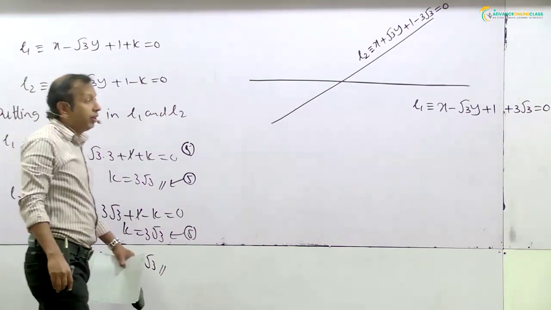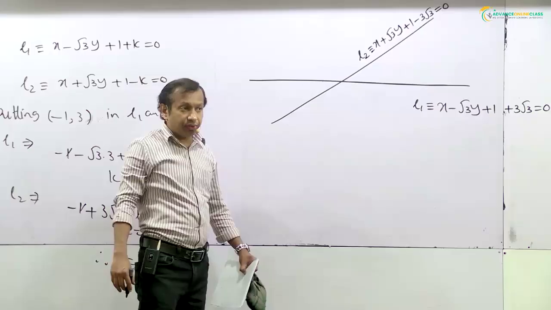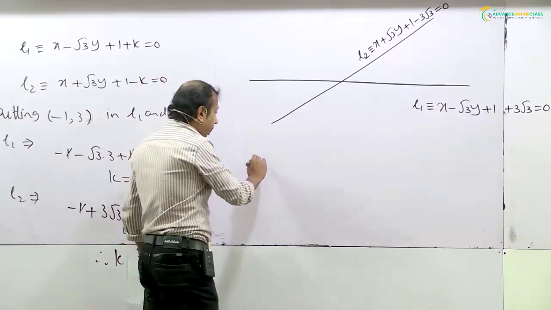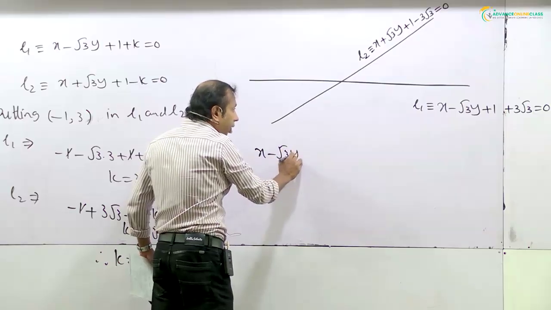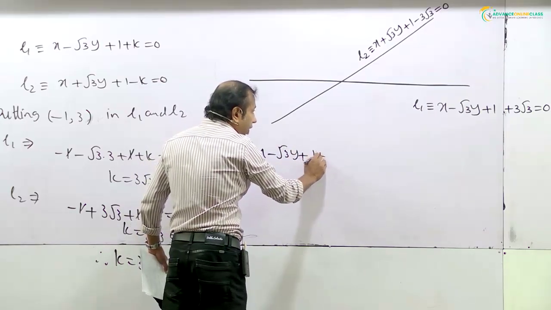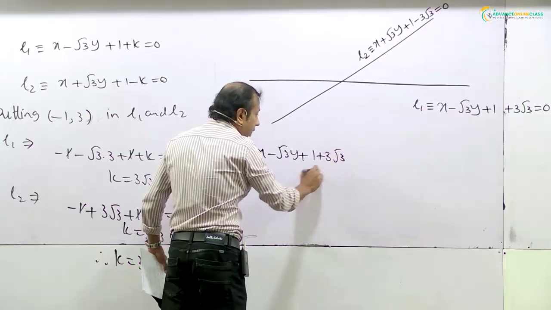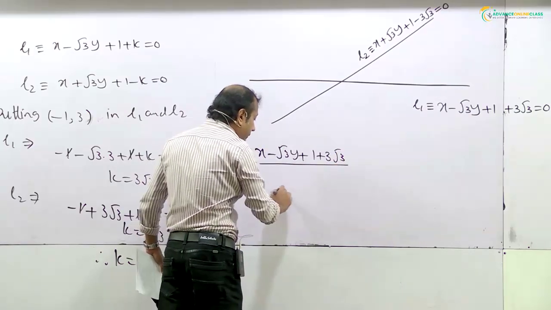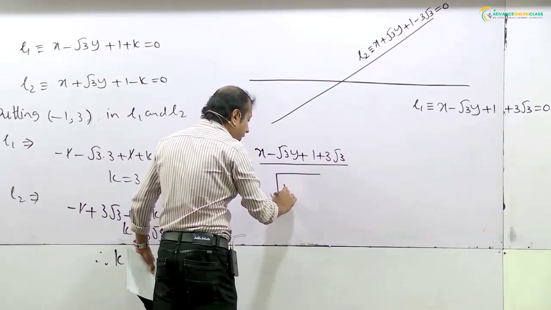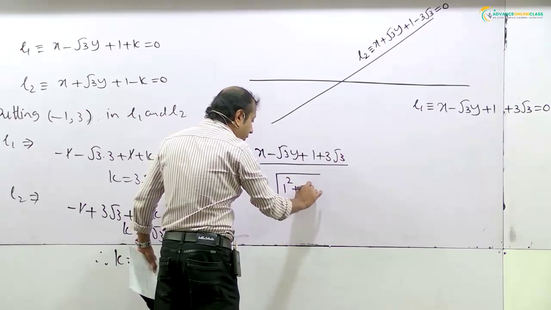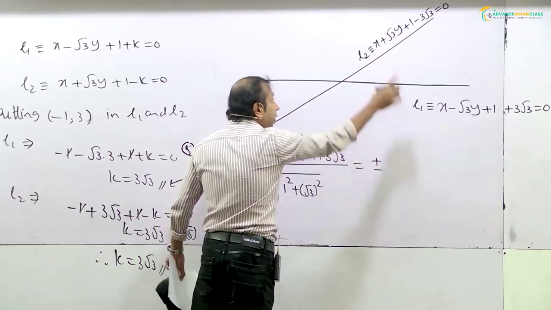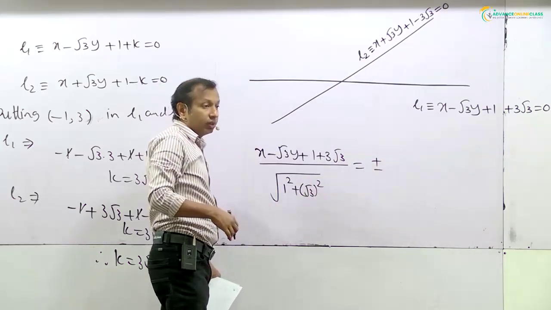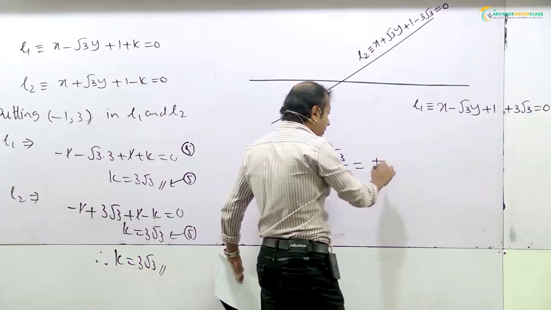How to find the equations of angle bisectors? For x minus root 3y plus 1 plus 3 root 3, the equation we write, divide by square root of x coefficient squared plus y coefficient squared, equals plus or minus the same thing we write for the other one.